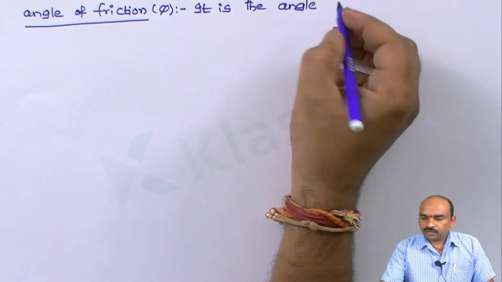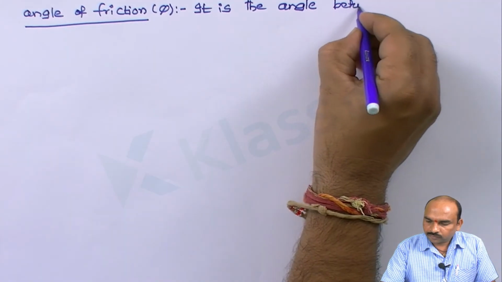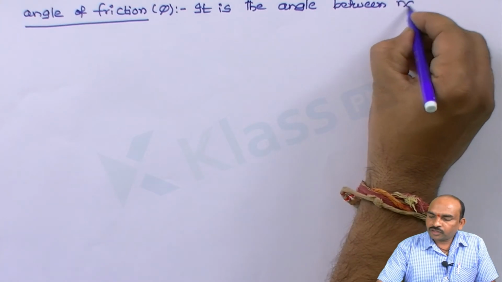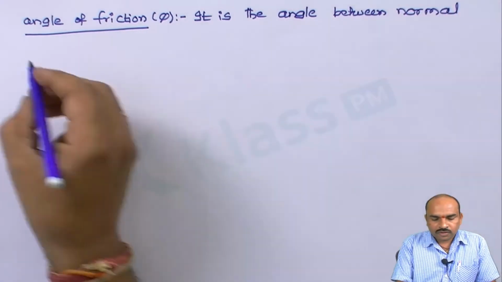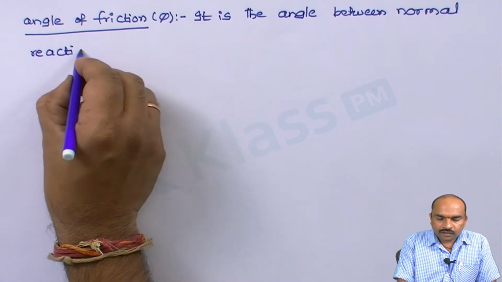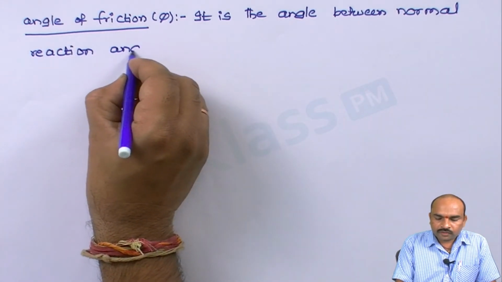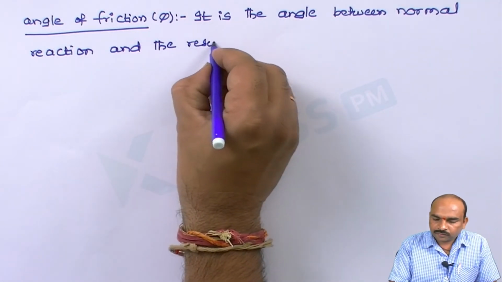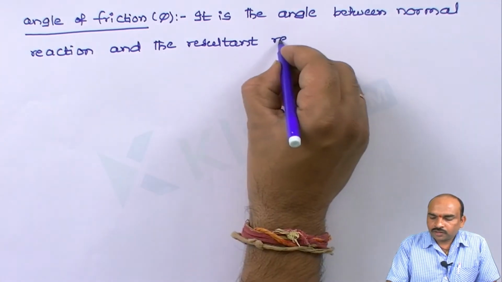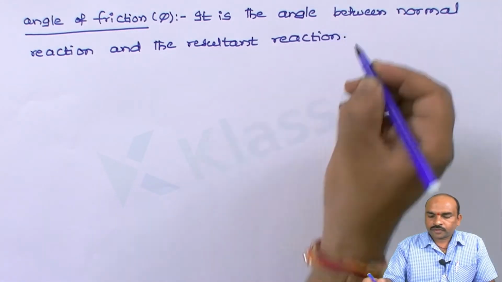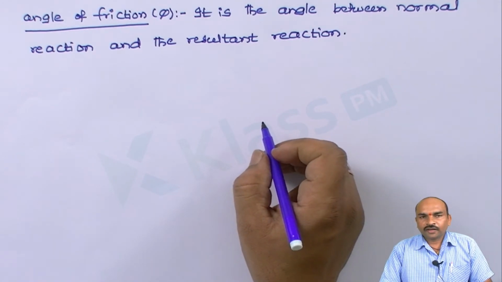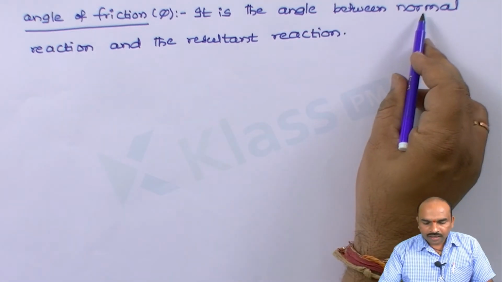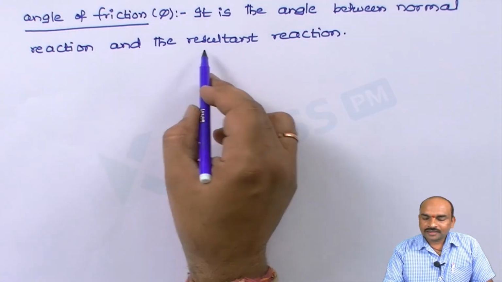It is the angle between the normal reaction N, as in the previous diagram you have seen, and the resultant reaction. So the definition of the angle of friction: the angle between the normal reaction and the resultant reaction.